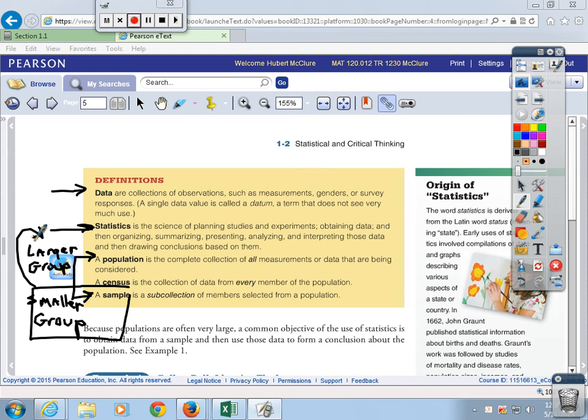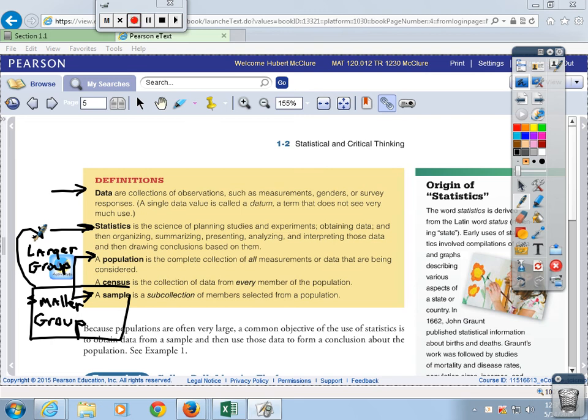So if I ask 8 of you if you're in the Marlboro Club or not, and 7 of you say, no, I'm not in the Marlboro Club, then I can go to the president and say 90% of Tri-County Tech students are not in the Marlboro Club. That's basically what I just did.